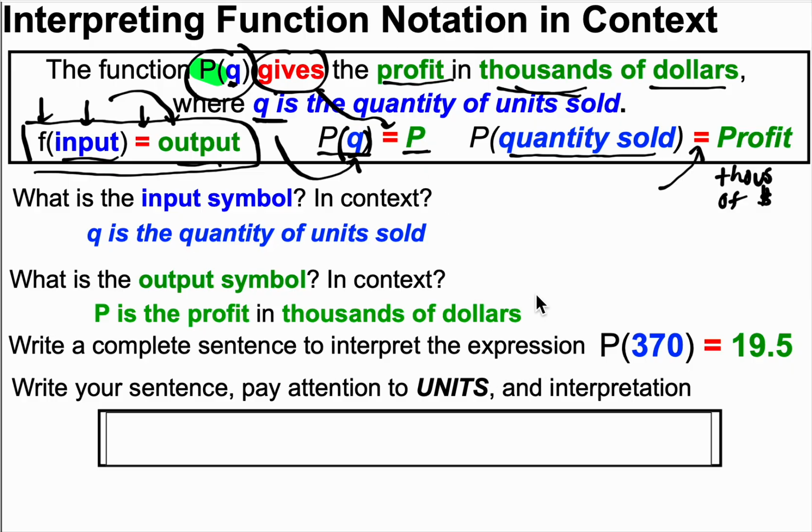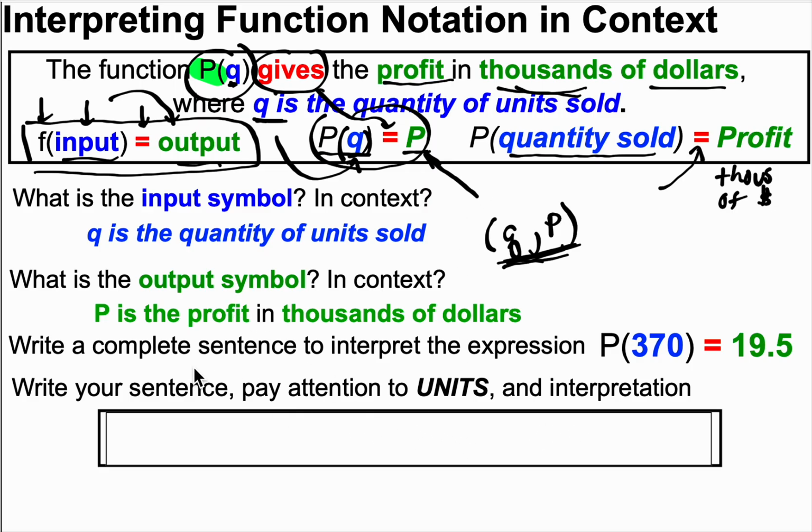Now, I have here P of Q equals P. So I would have inputs of Q, quantity of items sold, and outputs of P, profit in thousands of dollars. This would be writing it in function notation.